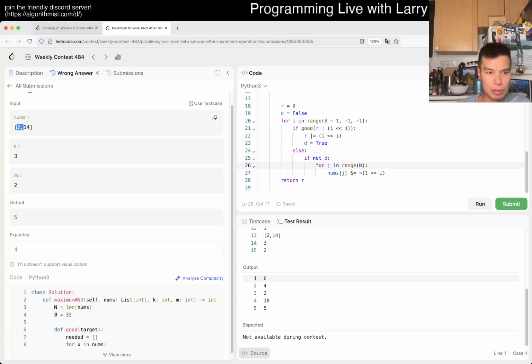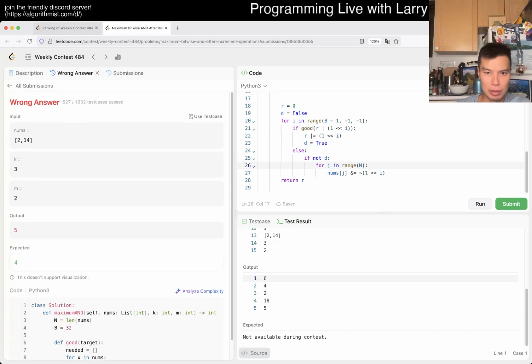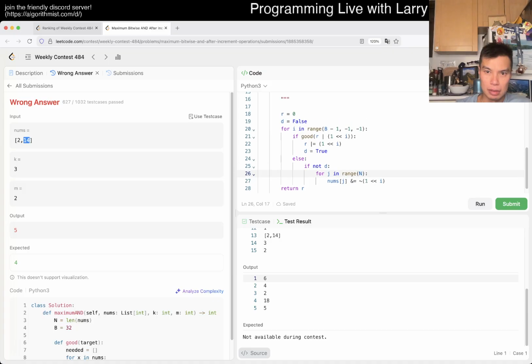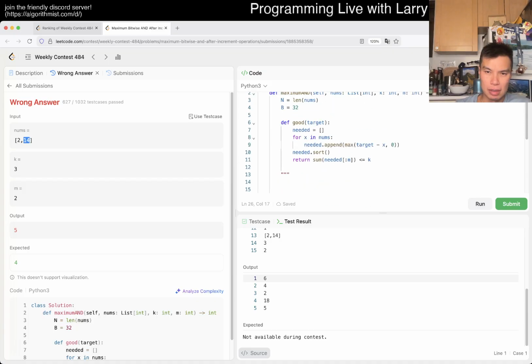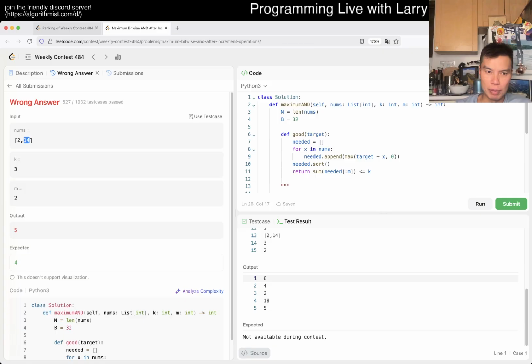Okay, so we try the 4, which is fine. I mean, it has no overlap, but 4 is fine. I don't know about this part, the 0 part. I think that's probably why.